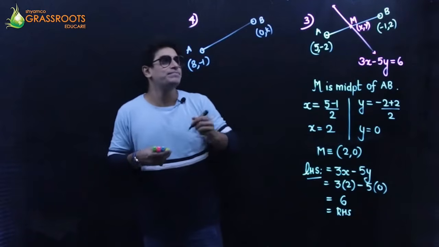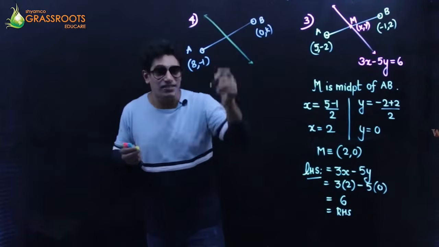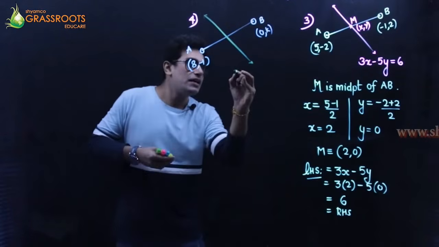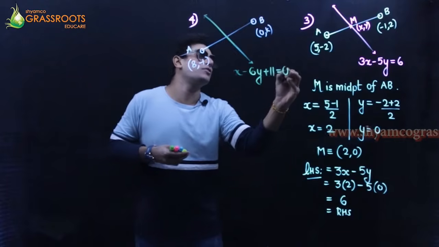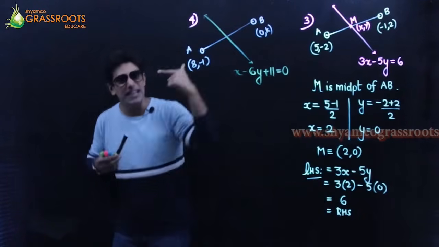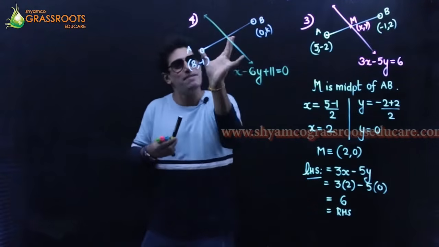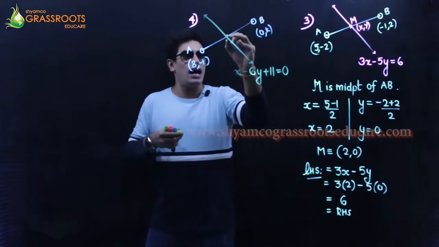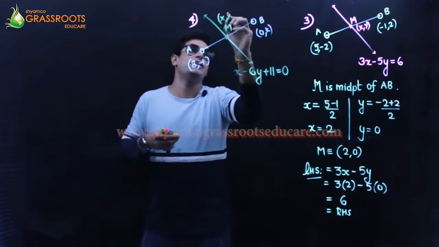There is a line, the same diagram, and the line equation is given by x minus 6y plus 11 is equal to 0. I have been given this line. It bisects the join, so M is, of course, the midpoint x comma y.